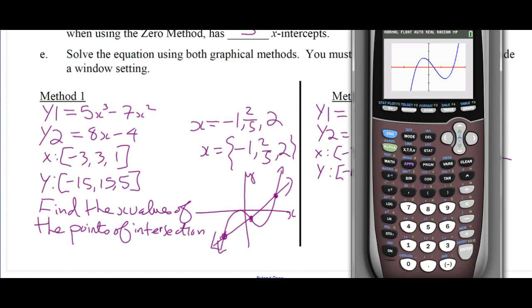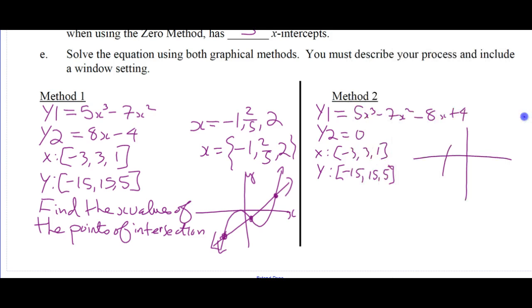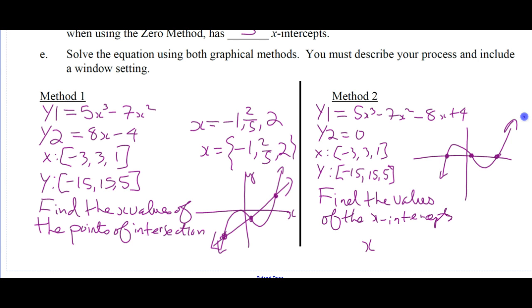So over here, same deal. We're sketching, so it does this. And then indicate the points. This is what I'm finding. And then we're saying find the values of the x-intercepts. So find the values. You need to state that, right? So here are my equations, if you're using this. Find the values of the x-intercepts, and state those values.